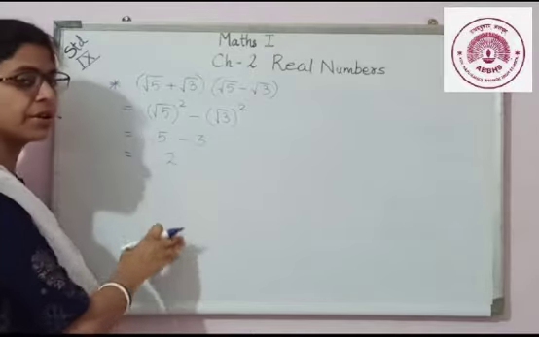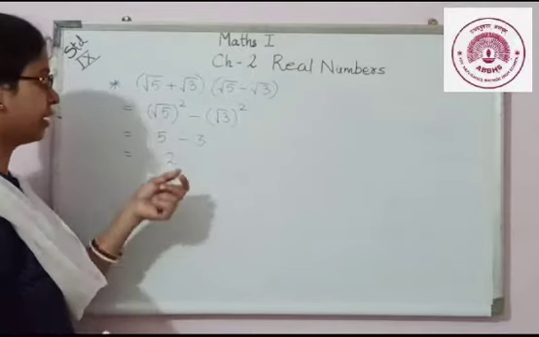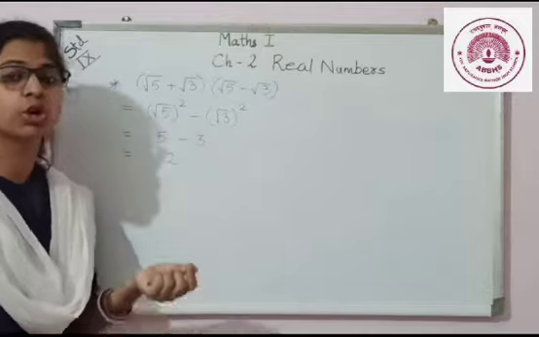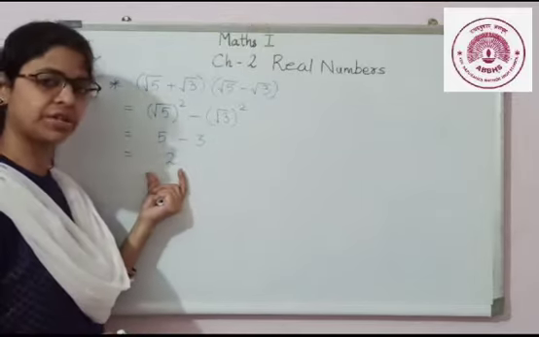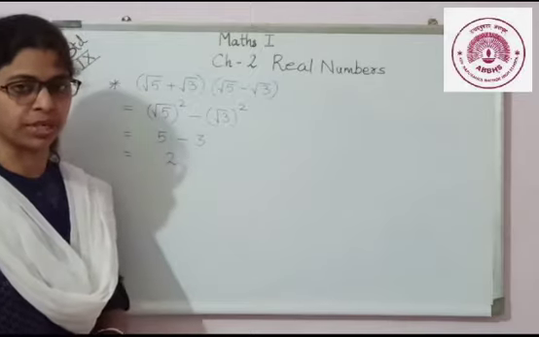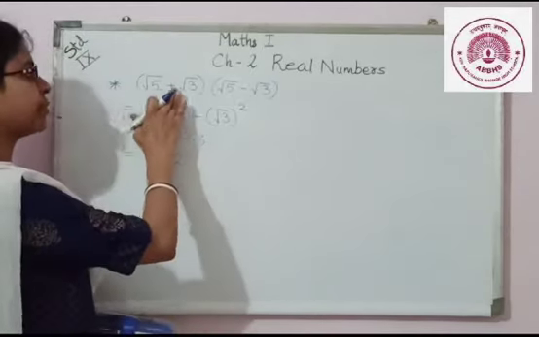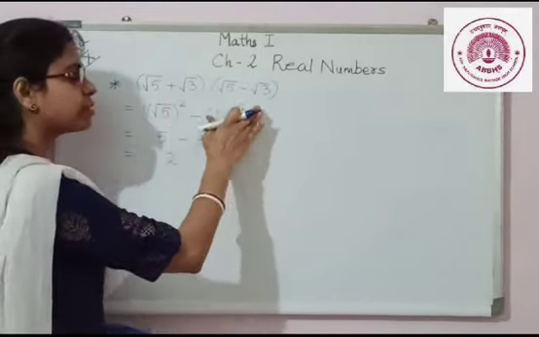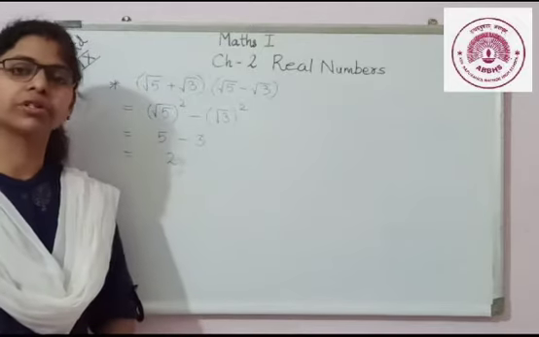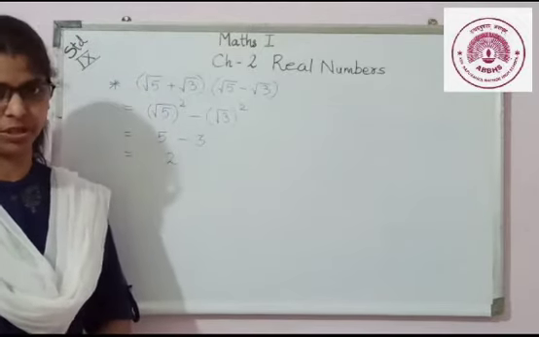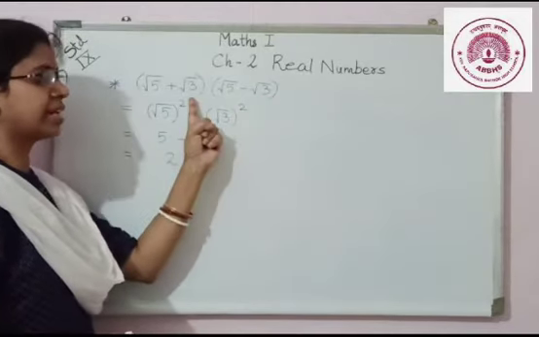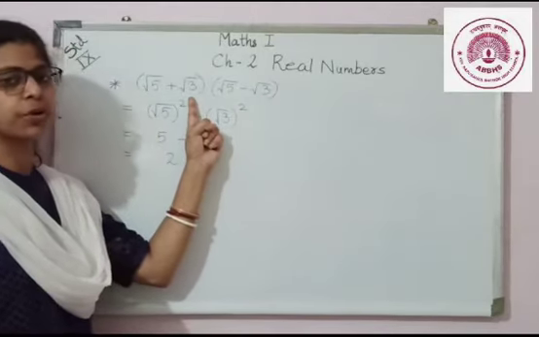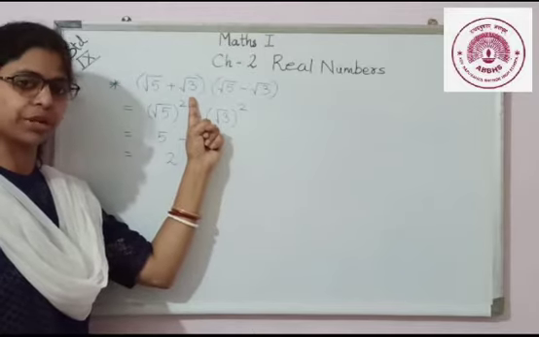Now 2 is a rational number. That means when we have multiplied two binomial quadratic surds, we got a rational number as their product. So root 5 plus root 3 and root 5 minus root 3 are called conjugate pair of each other. Also root 5 minus root 3 is a rationalizing factor of root 5 plus root 3.